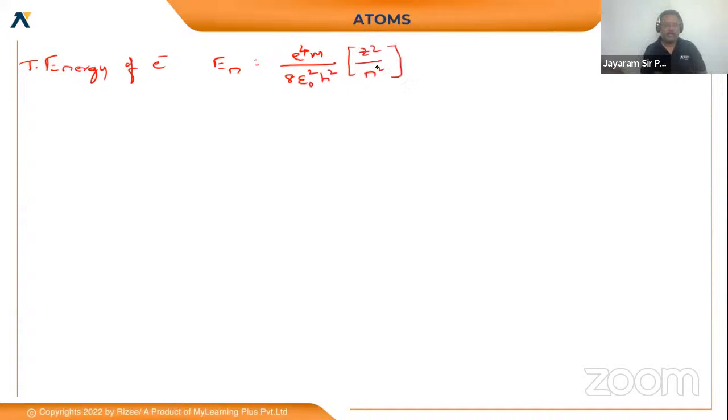So by calculating all these information, this entire thing you will be getting as, that is total energy is obviously negative. So En is equal to minus 13.6 into Z square by n square.